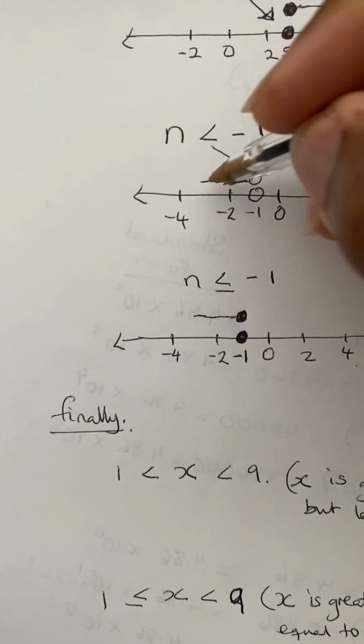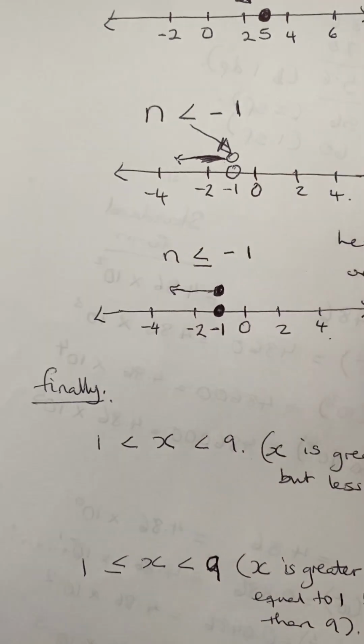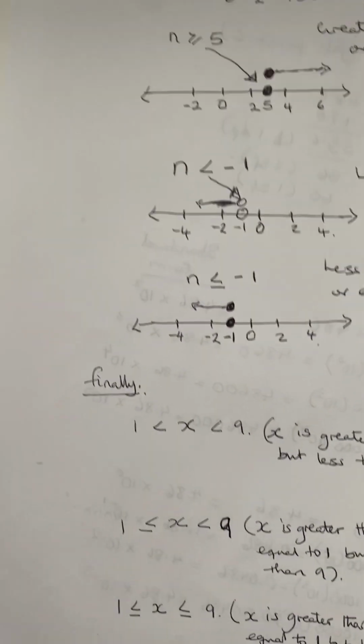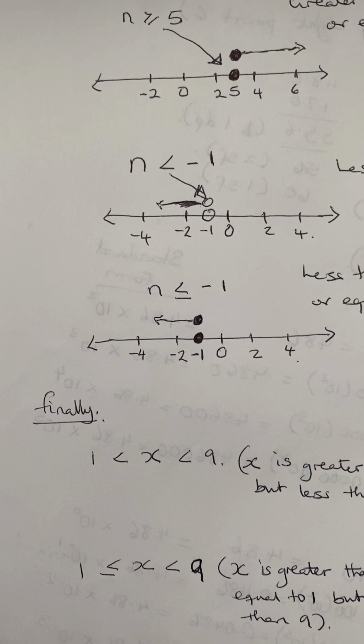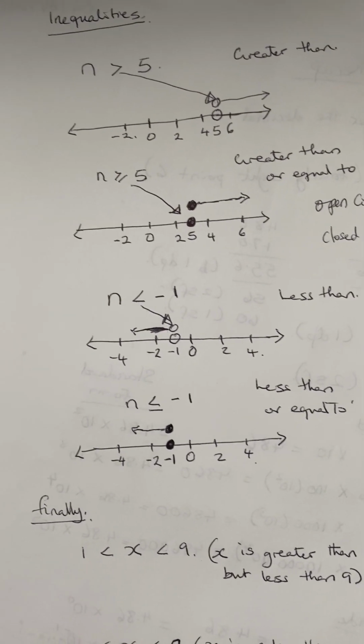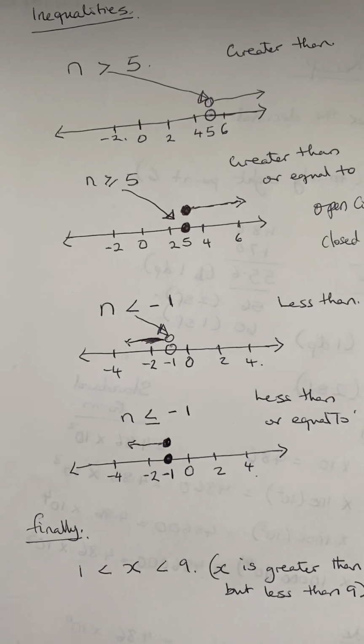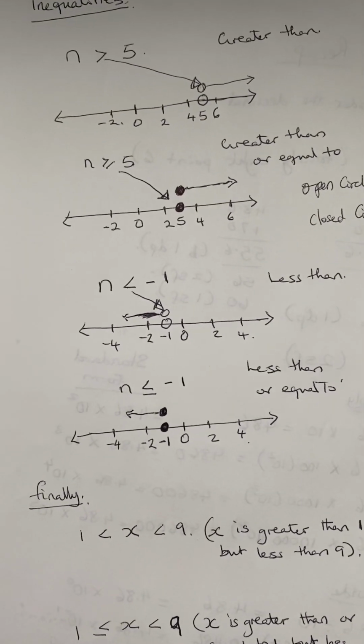So we can draw the arrow to show that it can go as far as we want it to. Okay, so that is how we represent the greater than and the less than symbol on the number line.